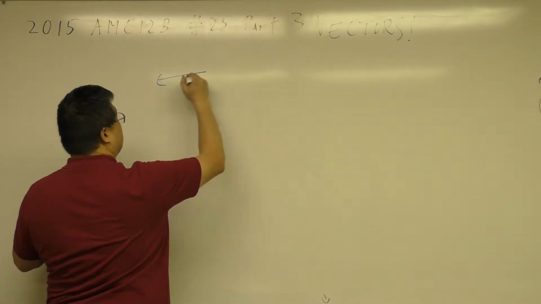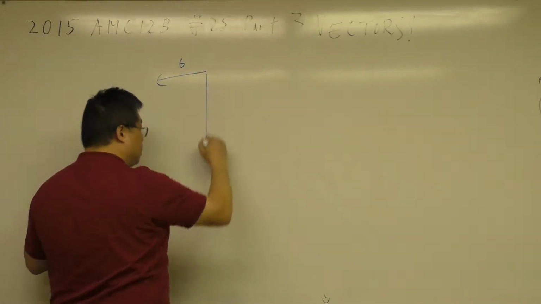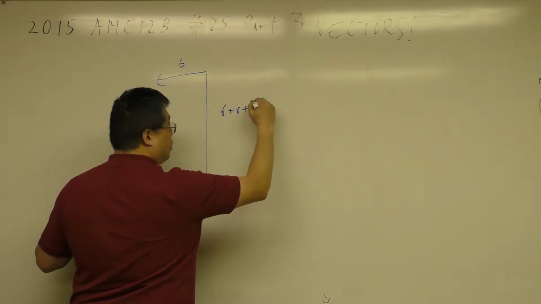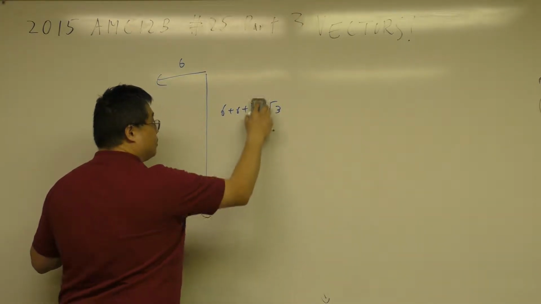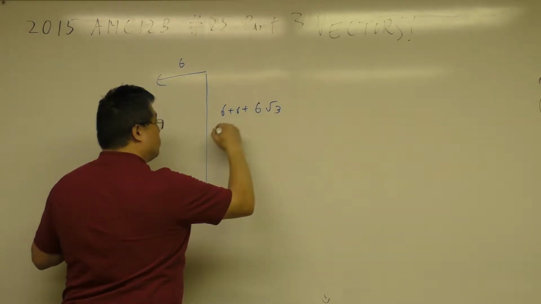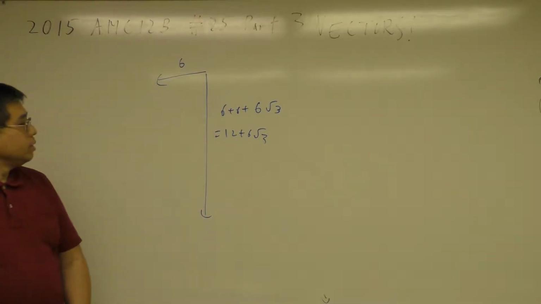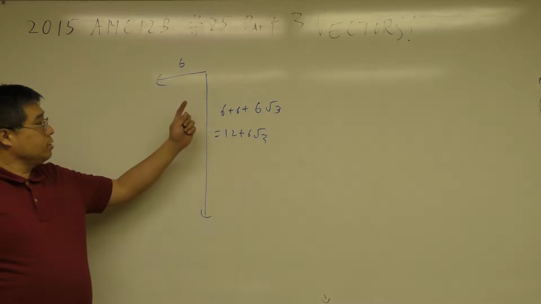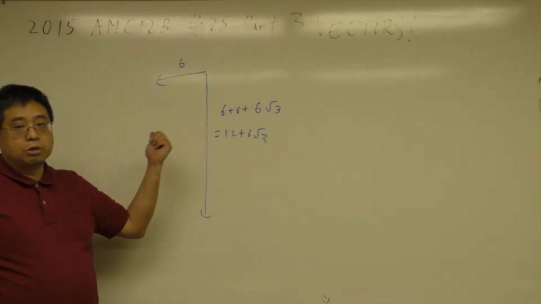One of them was going like this, magnitude 6. The other one is 6 plus 6 plus 6, 12 square root 3. No, wait a minute, it was 6 square root 3. So it's 12 plus 6 square root 3. So this is the resulting displacement vector when you add all 12 vectors up.